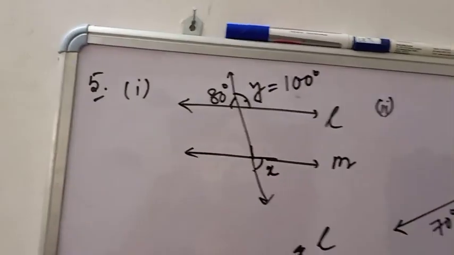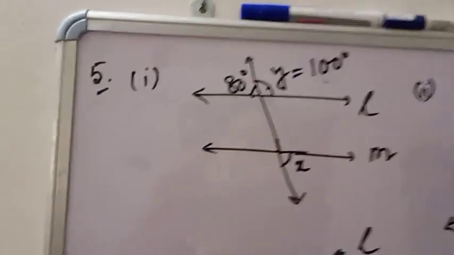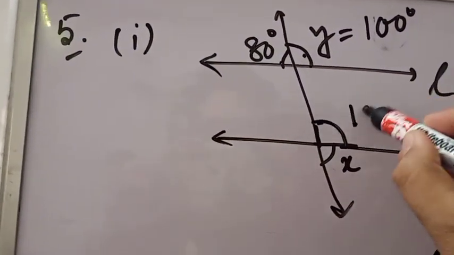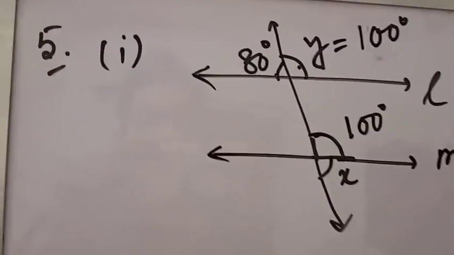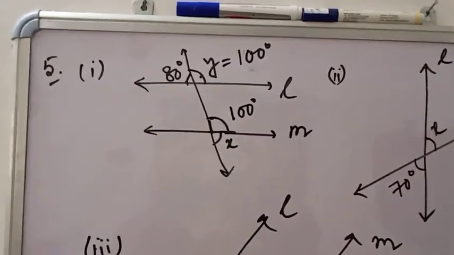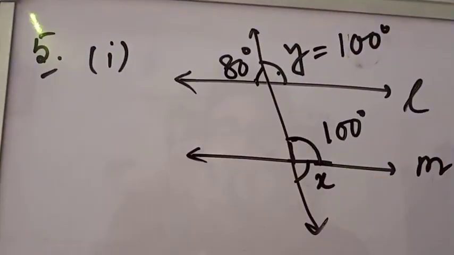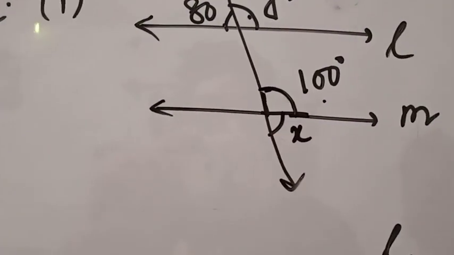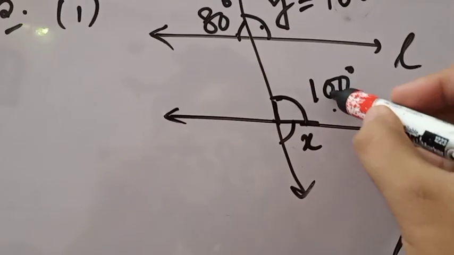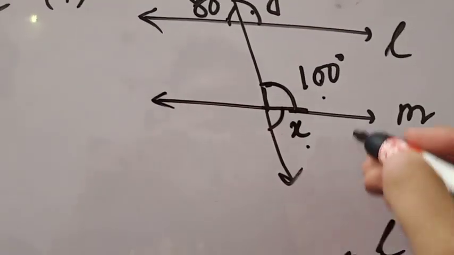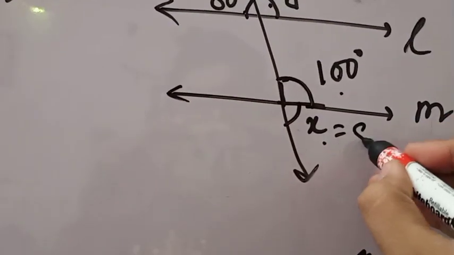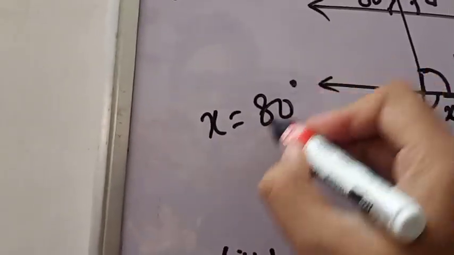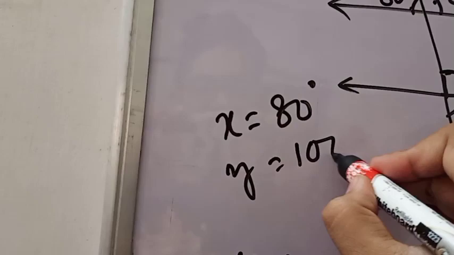This is 100. Clear? When this angle is 100, that means this angle is also 100. Why? Because corresponding angle. So this angle and this angle are corresponding angles. That's why this equals this. Now similarly, linear pair, this and this are in linear pair. That means 180 minus 100, this is 80. So here x equals 80 degree and y equals 100 degree.